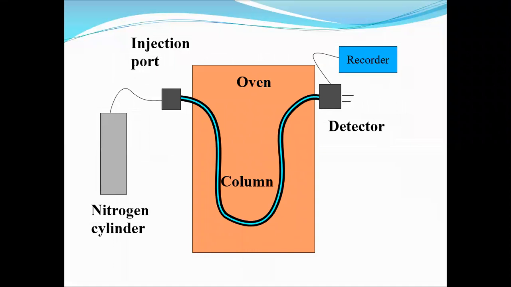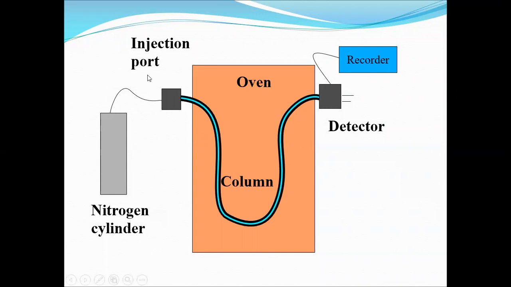Here you can see the gas chromatography instrumentation. We have the nitrogen cylinder. The nitrogen gas, an unreactive gas, is the mobile phase.